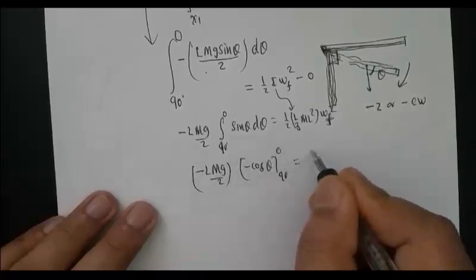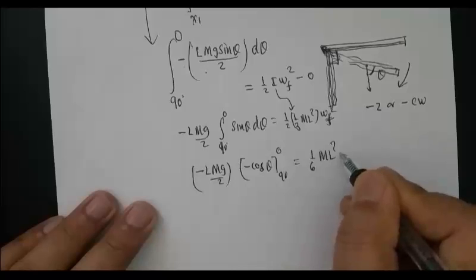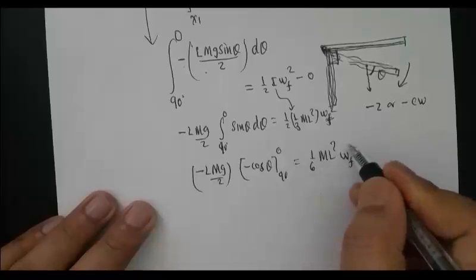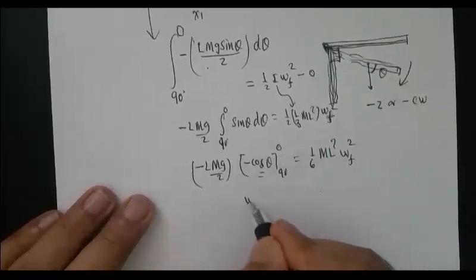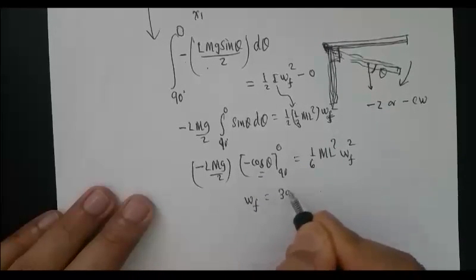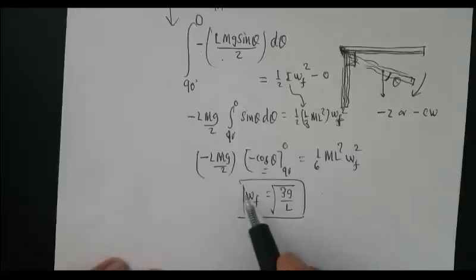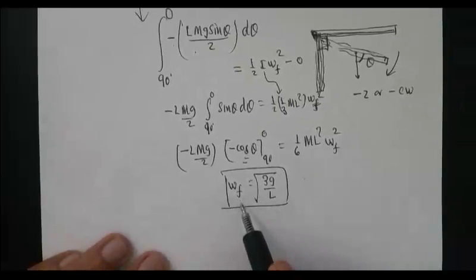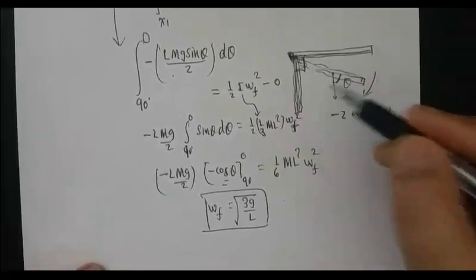The right side is 1/6 m L square omega final square, and after putting in the limits you get the final angular velocity. This is the final angular velocity when the rod gets vertical. That's how you can solve it.